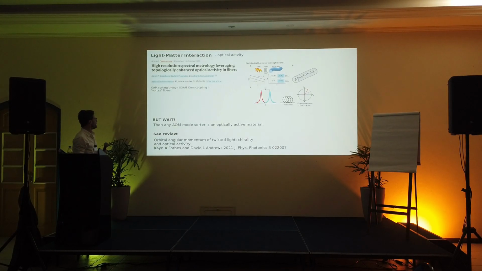This is another example, and this is what I just said. If you want to see a very nice review about this kind of thing and about orbital optical activity, I recommend this paper by Ken Forbes and David Andrews, which is very nice. It's very recent, from 4 years ago, and it covers all of these old experiments, new experiments, and the search for optical activity.